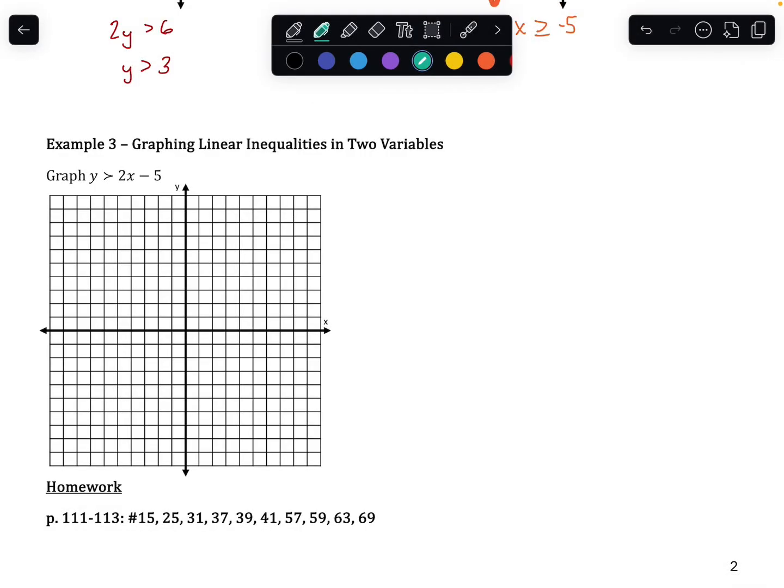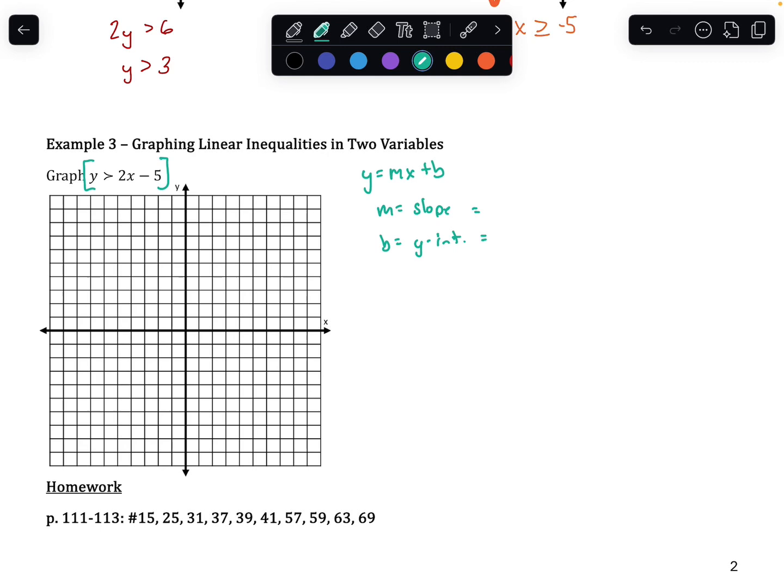In this example, we're going to be graphing linear inequalities in two variables. So we're going to look at our formula y is greater than 2x minus 5. We always want to graph lines in y equals mx plus b, where m equals your slope and b equals your y-intercept.